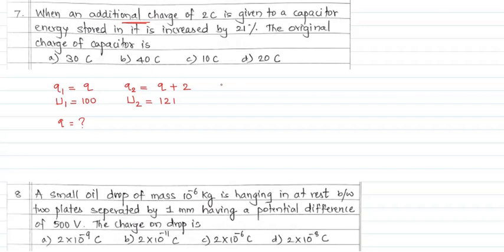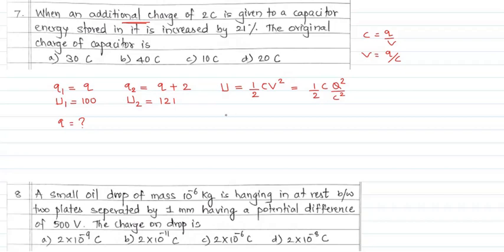Now, if I take the formula of energy, energy stored in a capacitor is given by half CV square. C is constant. As the charge changes, V changes. So I will replace V. C is equal to Q by V, so V is equal to Q by C. If I replace, I will have half C Q square by C square.